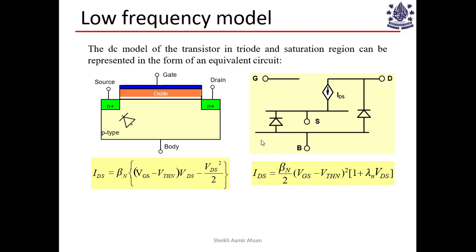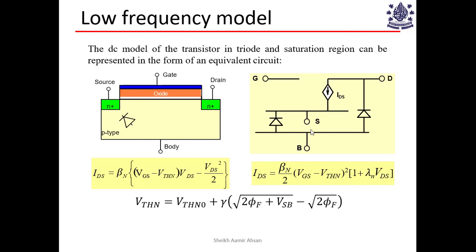Let's take a look. Notice that this threshold voltage is given by this equation over here. Remember the body effect? If VSB is not equal to 0, then the threshold voltage tends to increase as VSB is increased. It's not at the bias independent value. So this dependence of the current on VSB comes because of the threshold voltage.